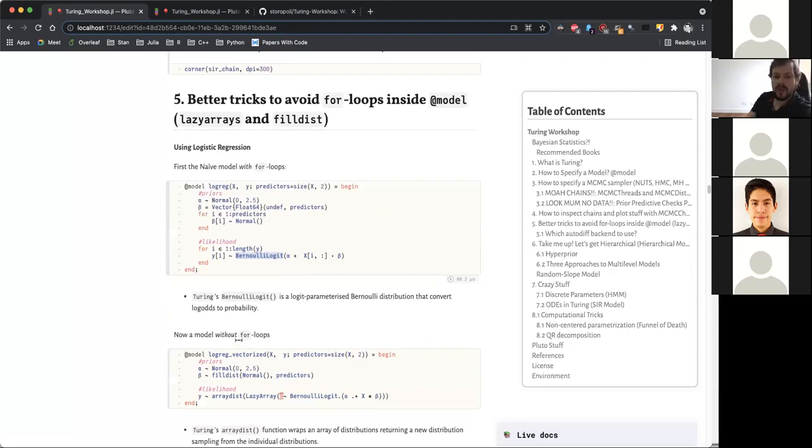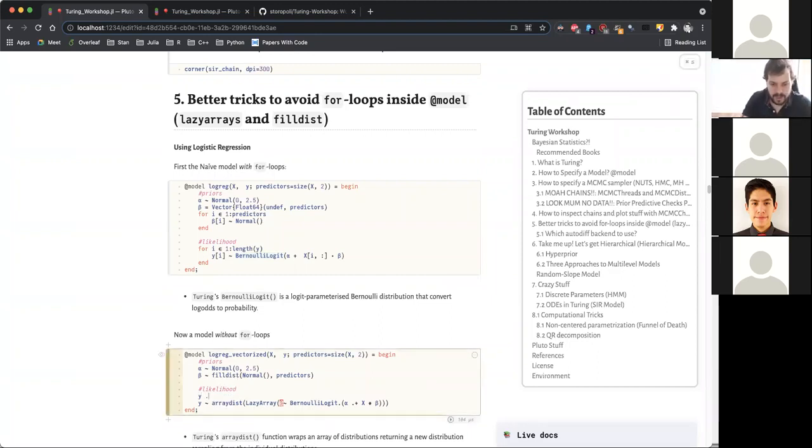Now, how would we remove the for loops? I don't think who said that. Let me see. I think it was, yes, Matthias. So you can do something like this. Like he said, we can use the dot to vectorize, but it's more efficient for us to use the array dist and the lazy array.